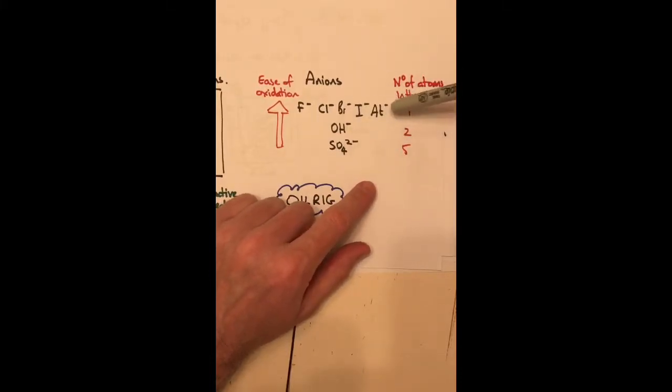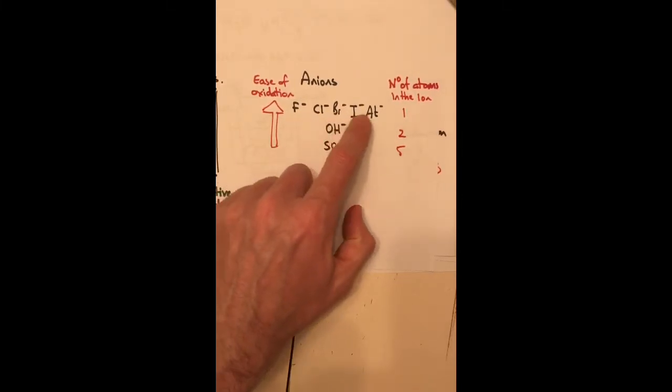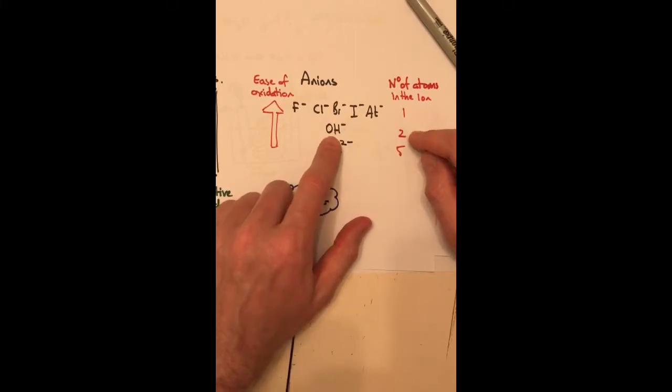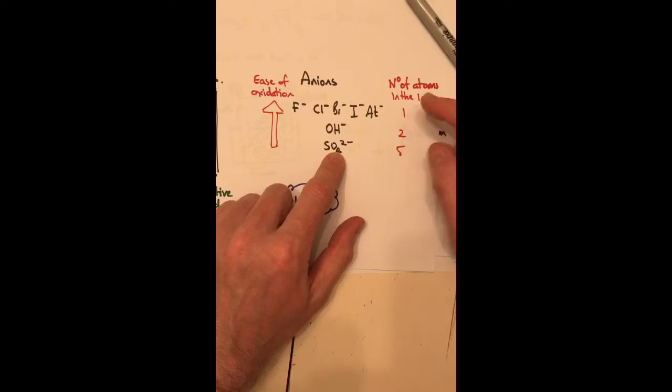Now if we were to count up the number of atoms in each of these ions, we can see that all of these halide ions contain 1 atom in the ion. Hydroxide contains 2, 1 oxygen, 1 hydrogen, and a sulfate contains 5, 1 sulfur, 4 oxygens. So that means we've got the number of atoms is 1, 2, 5 inside these ions.